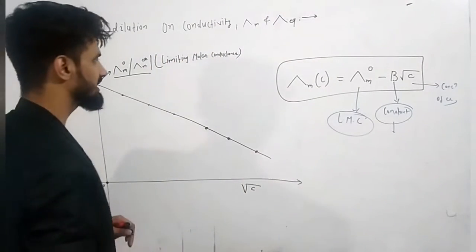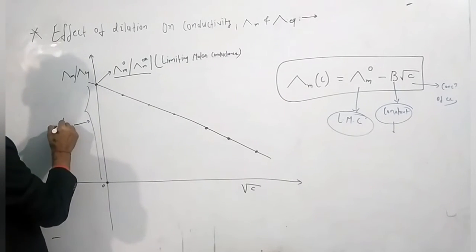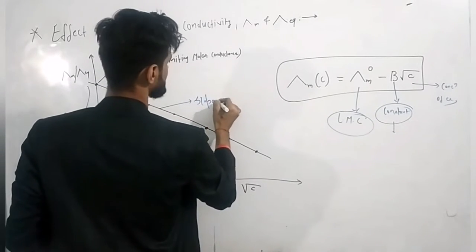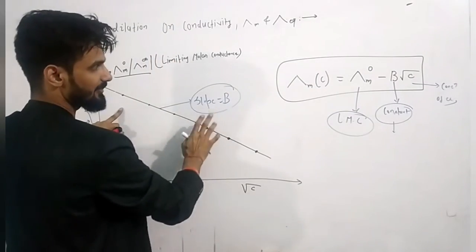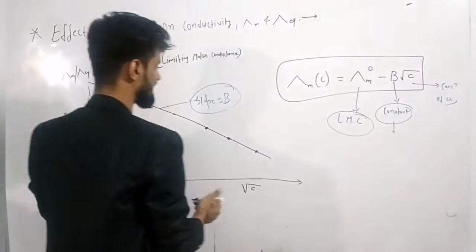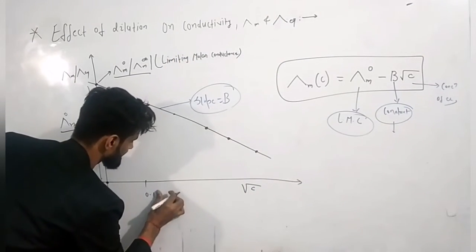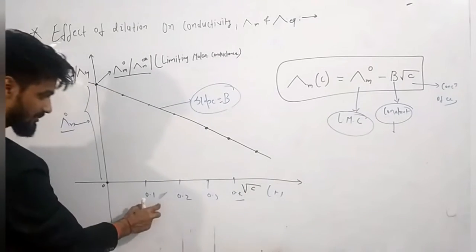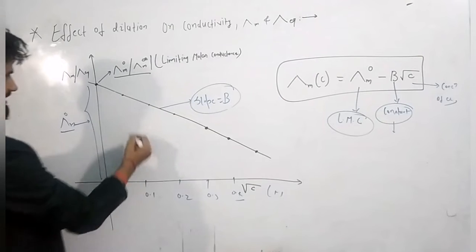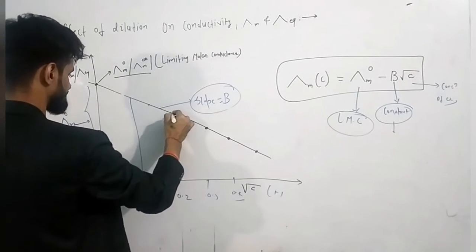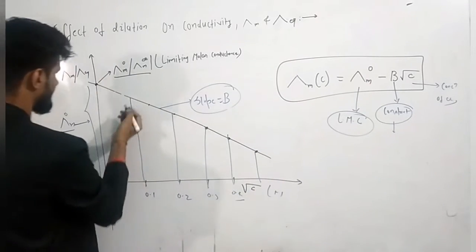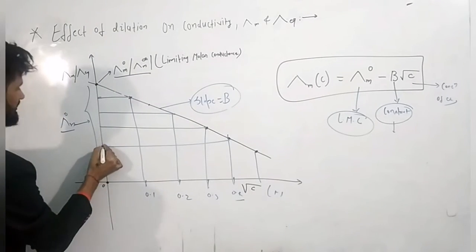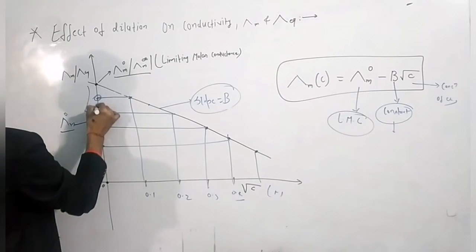If in a numerical this data is given, understand one thing. If the graph is given, then the intercept will be kappa naught molar, and the slope equals B. If you have calculated the slope and intercept from the graph, just substitute these values, and at a particular concentration, like 0.1 molar, 0.2, 0.3, 0.4, take the root over C and calculate, and you will get the kappa molar at different concentrations.